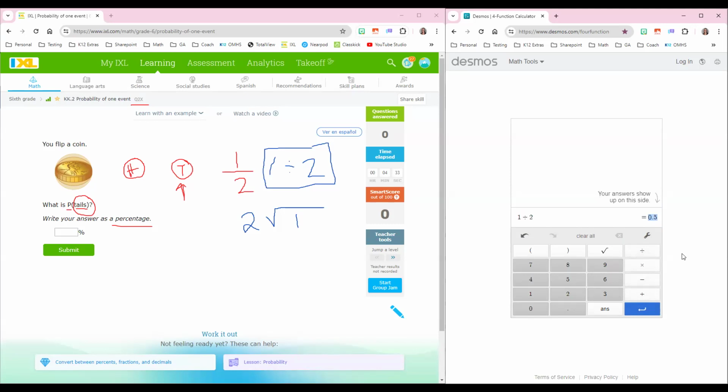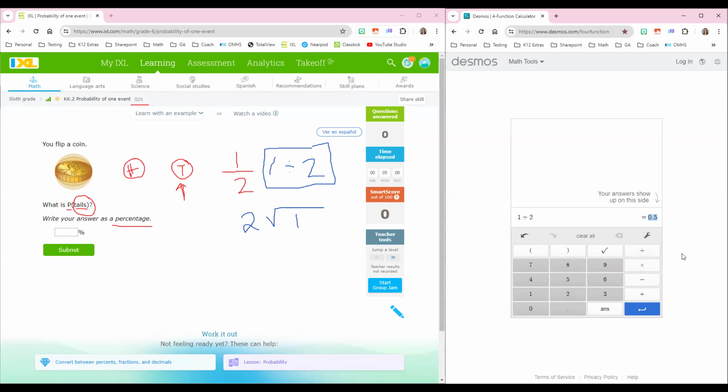But of course, we really want our answer as a percent. So how do we then take a decimal and convert it to a percentage? Well, the way that we do that is we multiply by 100. Because if we break down the word percent, the first part, per, means multiplication, and the second part, cent, means 100.